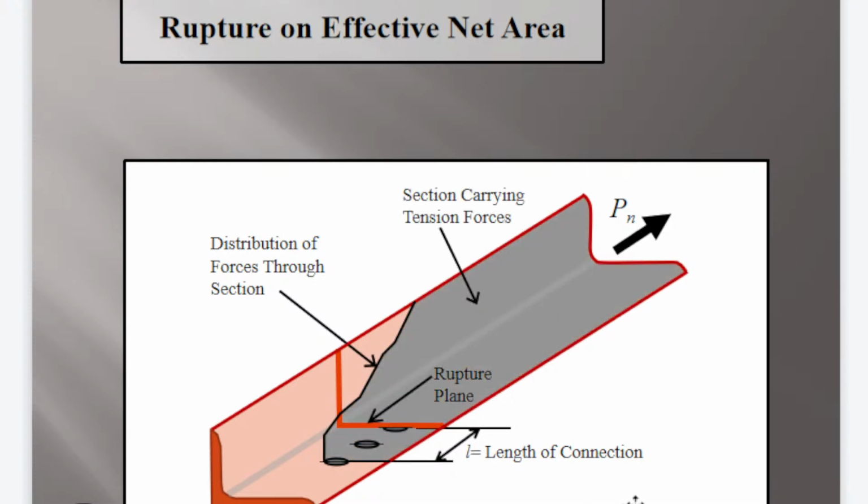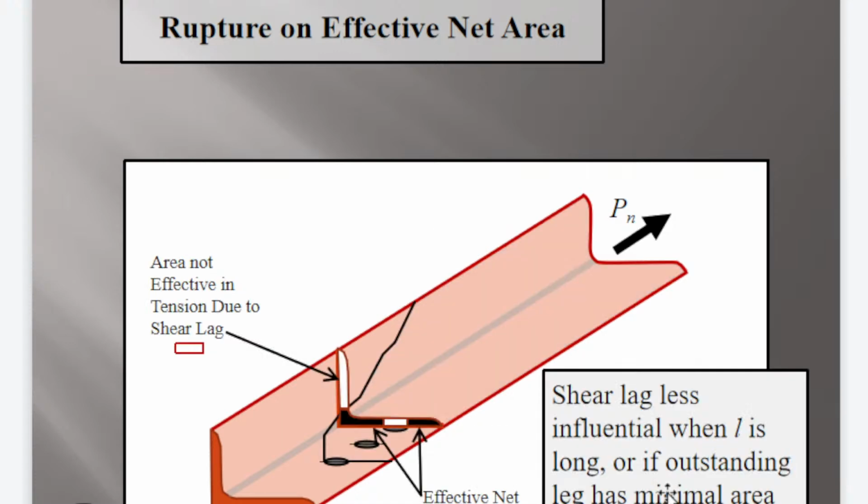The gray portion experiences stress, while the orange portion does not. Because of that, this is the area not effective in tension due to shear lag.